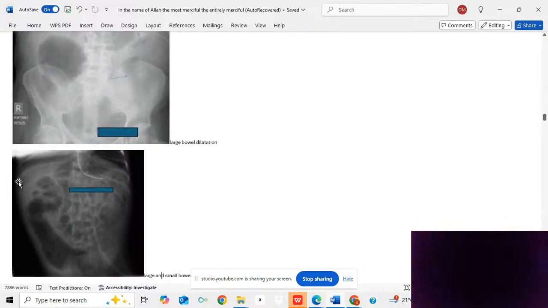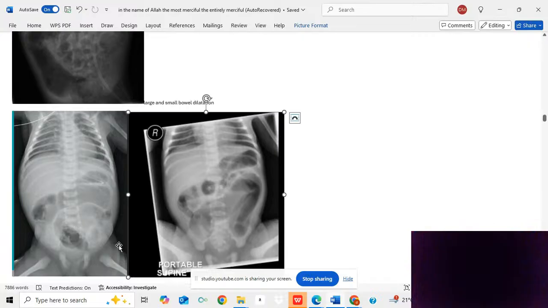Okay, large bowel dilatation, peripherally located, tend to cross at higher levels. And here, small bowel loops. So this case shows the main difference between the large bowel dilatation and the small bowel dilatation.